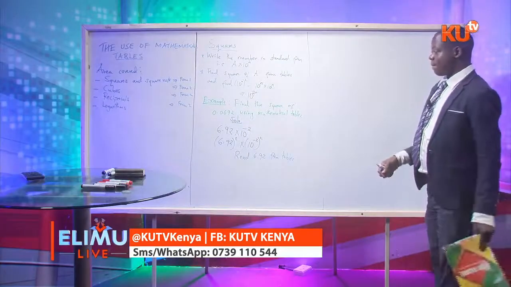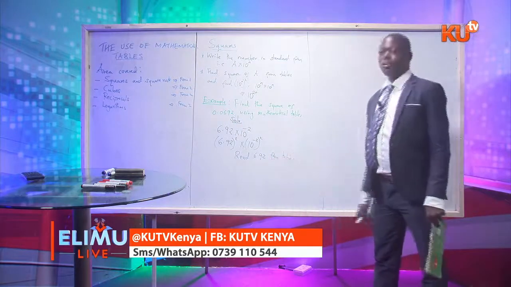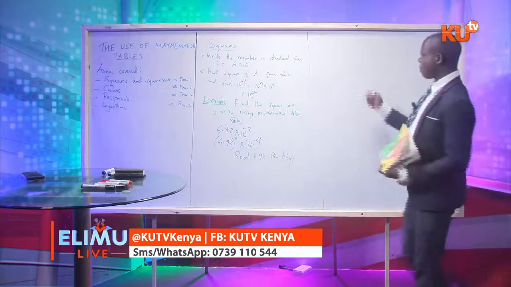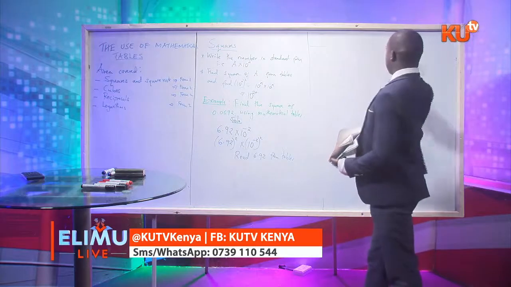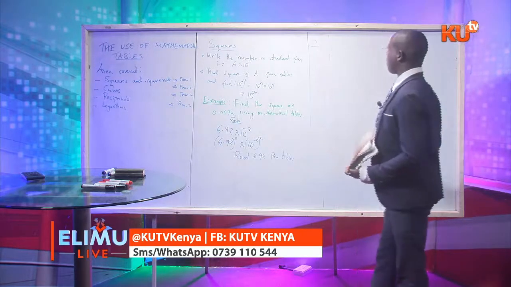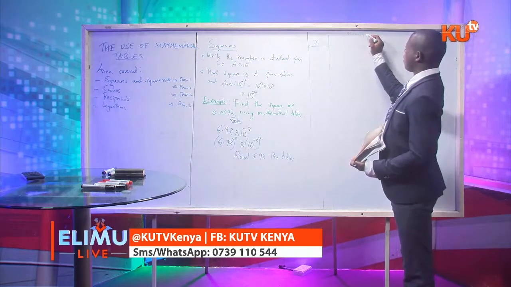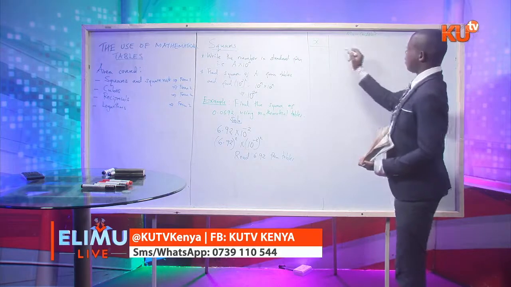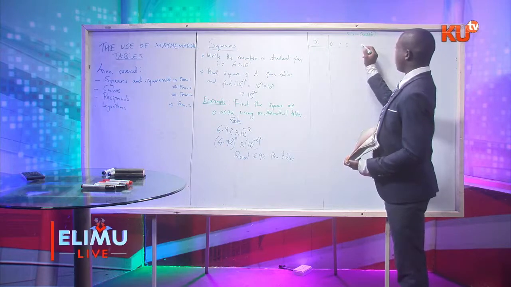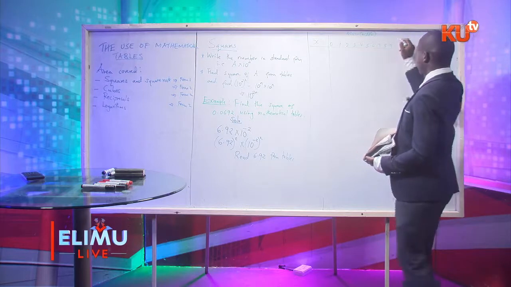And for those who don't know, you need to understand that when you're reading squares of numbers from tables, we have 3 columns in the mathematical table. We have the first column, which we call the X column. We have the main column, or the middle column. The middle column is numbered 0, 1, 2, 3, 4, 5, 6, 7, 8, and 9.